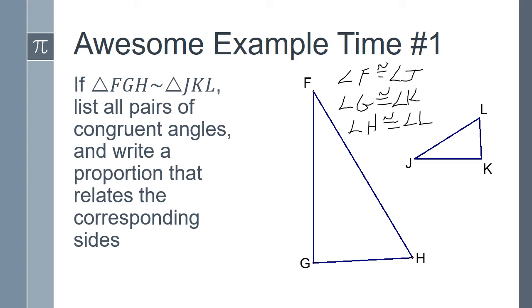And then to set up our proportions, I would say that FG over JK is equal to GH over KL, which would then be equal to FH over JL.